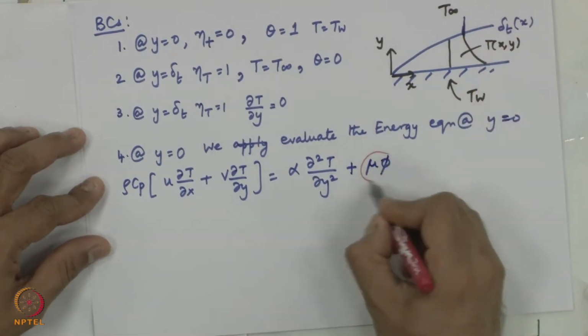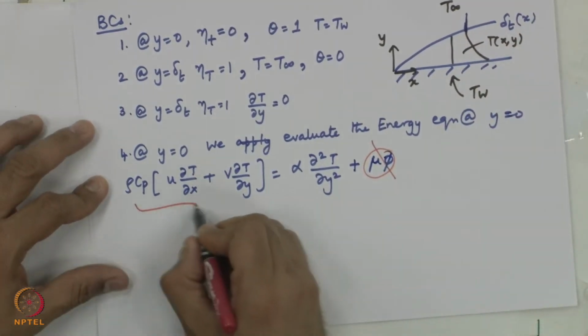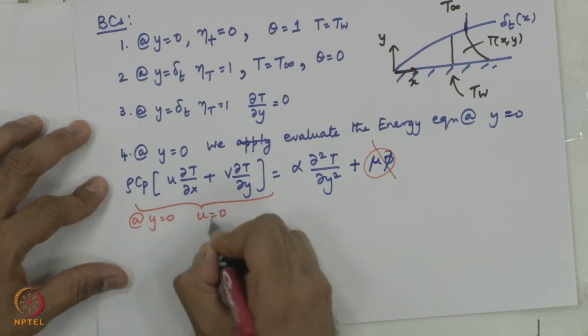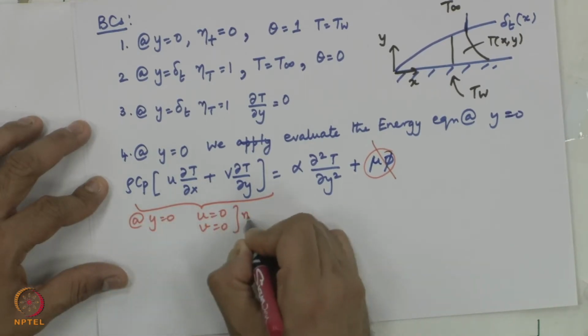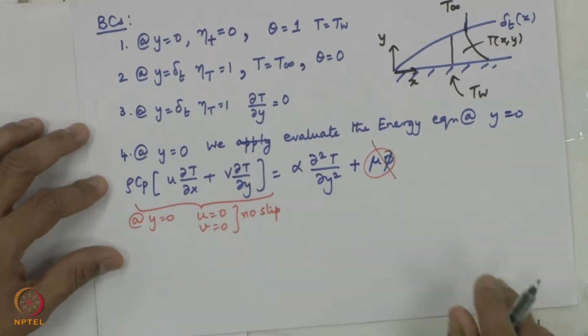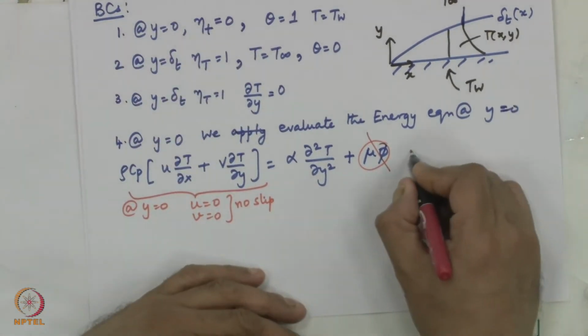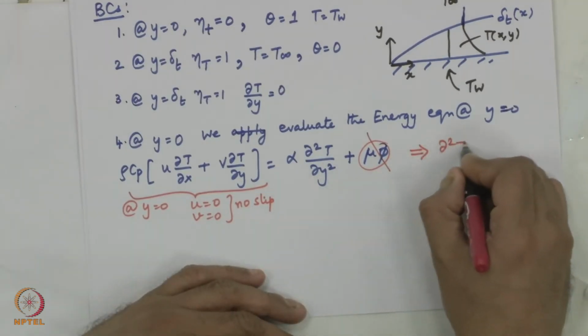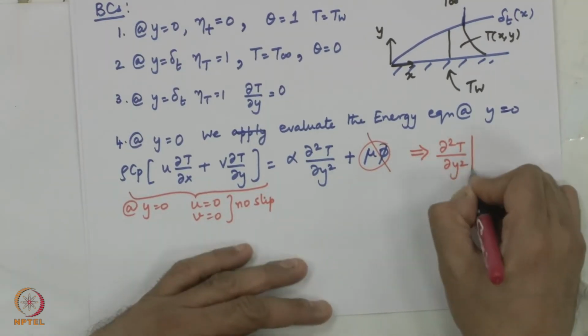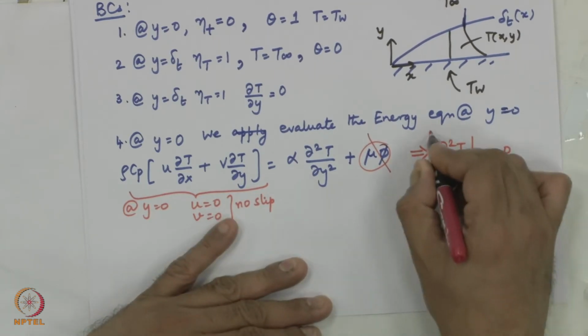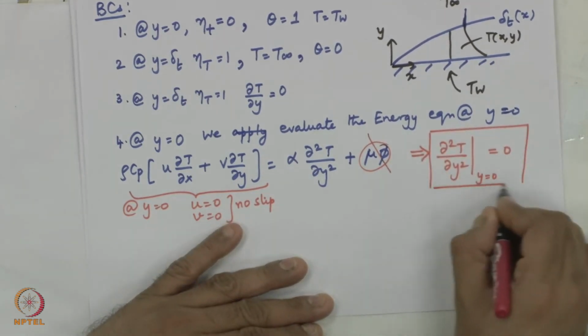At y equal to 0, u is equal to 0, v equal to 0 because of no slip, correct. So, the left hand side of the energy equation is 0. This implies d squared T by dy squared at y equal to 0 is 0. This is my fourth boundary condition.